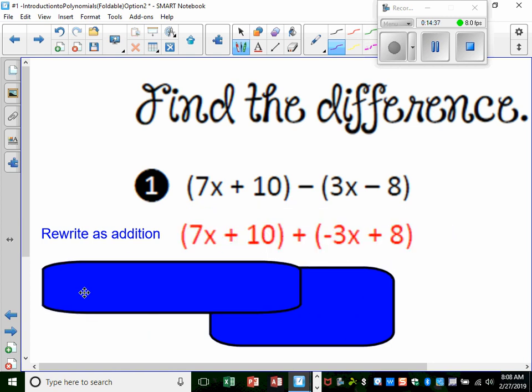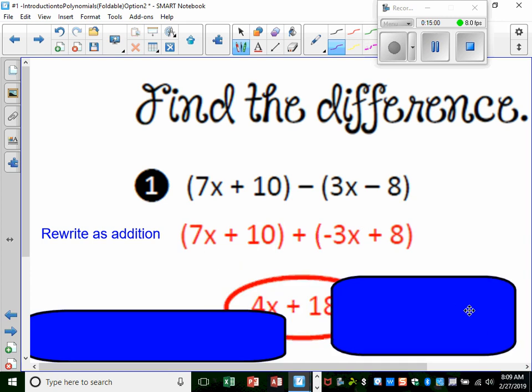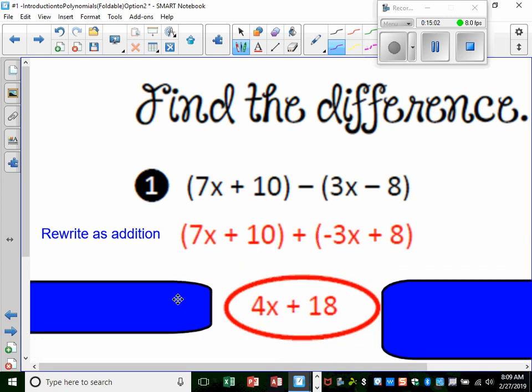So if I do that, then it will become 7x plus 10, change this to a negative 3x, and change this to a positive 8. So once you do that, then you just follow the same process we just did for addition. Add your x's together, you have 4x, and then add your constants, you have 18.